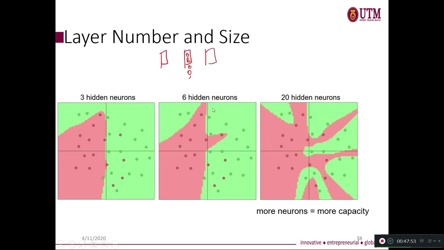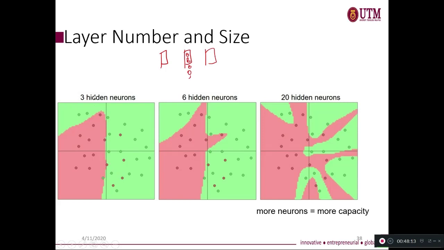As you can see, this manages to classify between the red and the green zone, but of course there are several red points that are still in the green region.